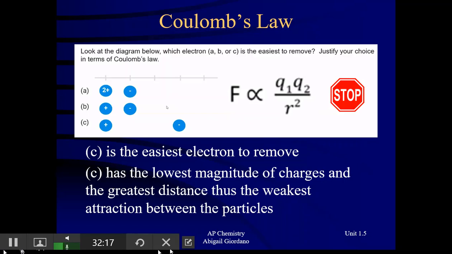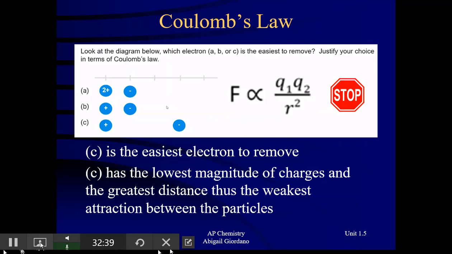Now, would they ever ask you to compare things where both quantities are changing? No, because on the AP exam, guys, you will not be calculating anything with Coulomb's law. It is all to do with just qualitative analysis.